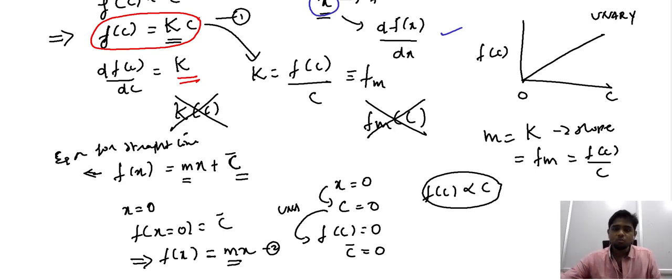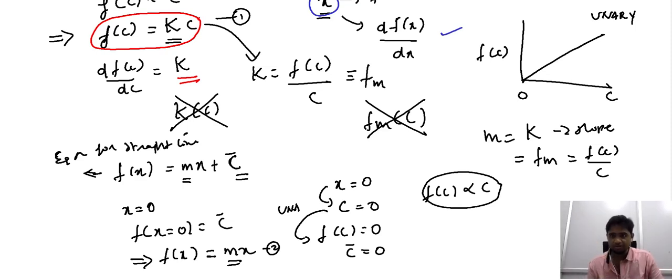Now, this is one characteristic feature of having a function that is linearly dictated by the variable. When you have such a function, its representation will be in the form of a straight line when you consider a plot wherein you have the function along the y-axis and the concentration along the x-axis.